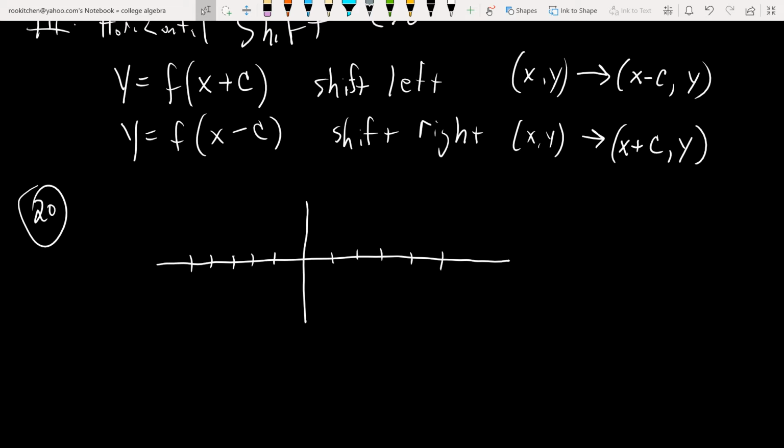I want to go up by 2 and down by 2. Okay, and then the points, we have -4, 0, and then -2, -2, and then 0, 0, and then 2, 2, and then 4, 0. So it looks like this.